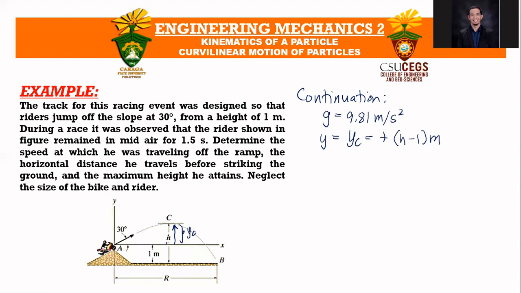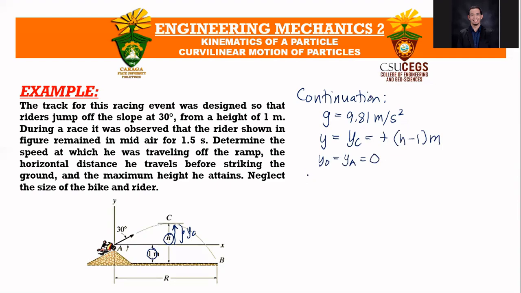The h is measured from the ground, and the 1 is measured from the ground going to the x-axis. So your YC is equal to h minus 1 meter. For the YO, that is at point A, the initial position, and since it is at the origin, that would be equal to 0.